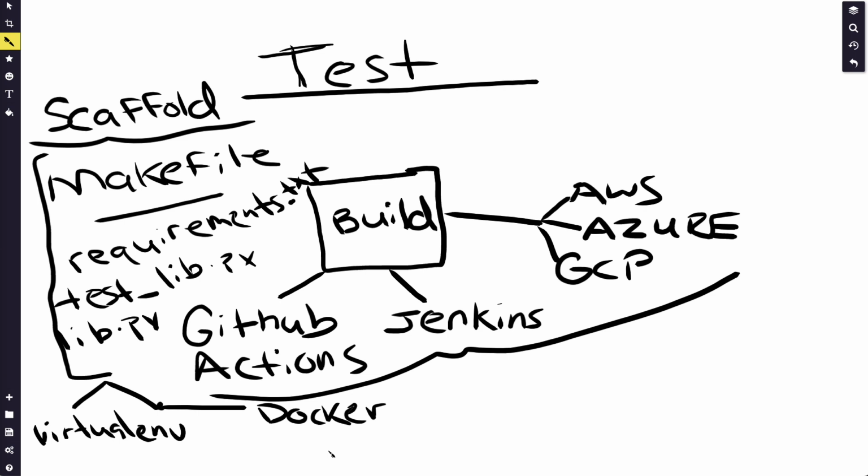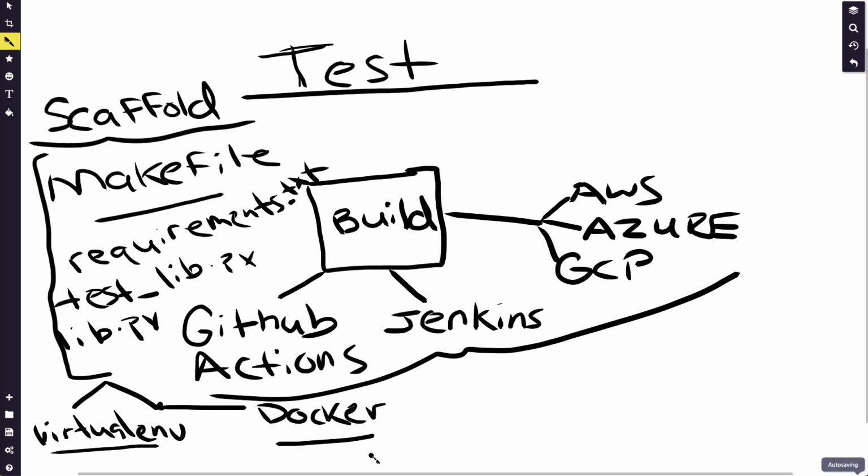Now, because we're going to cover some of the basics here, I want to dig a little bit deeper into defining some of these terms. So defining the reason for a virtual environment, defining the reason for a Docker file, and also defining the reason for a Makefile, and then the reason for a requirements file.